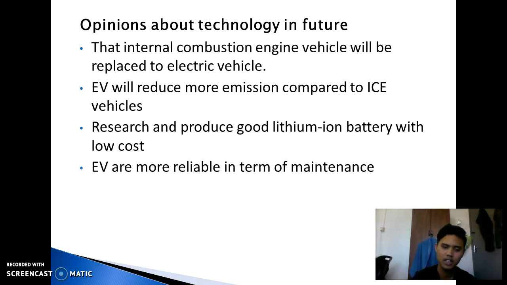Compared to electric vehicles, they consist of around 20 moving parts, 20 moving parts only. So it's more reliable in terms of maintenance compared to ICE vehicles.